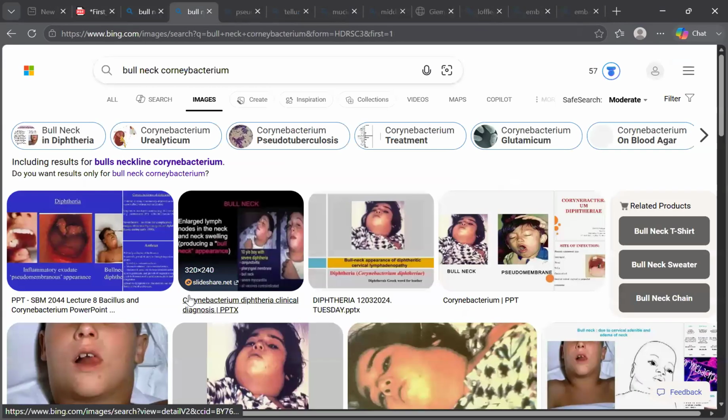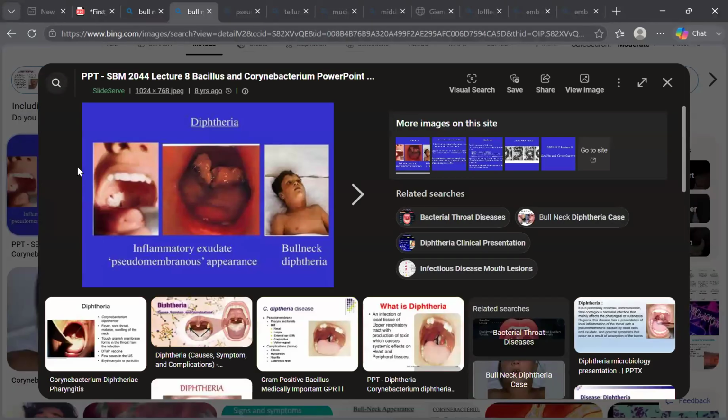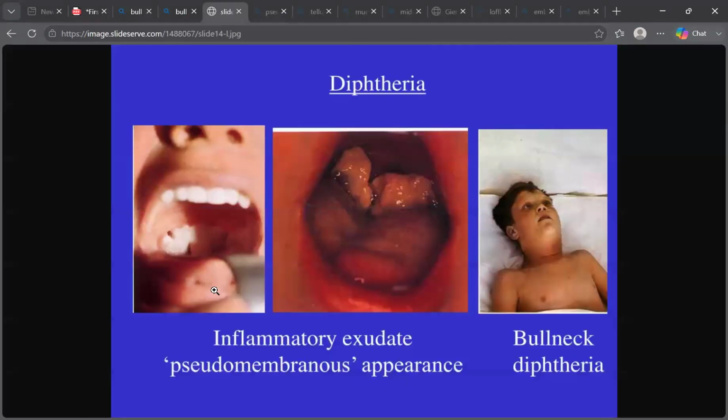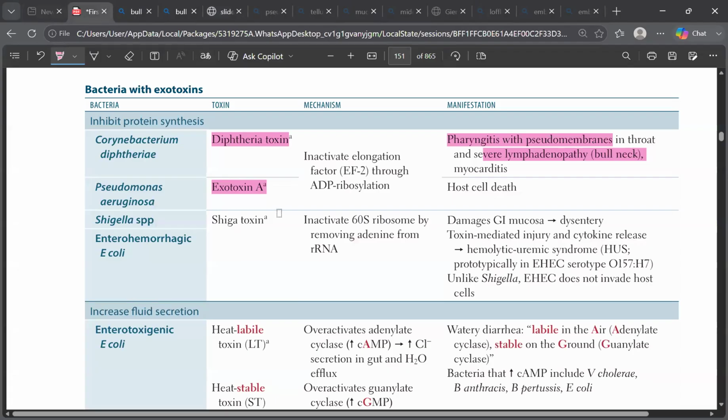Images. So there is inflammatory exudate or pseudomembrane appearance in the pharynx, and there is a bullneck right here because of cervical lymphadenopathy caused by this diphtheria toxin. And we have exotoxin A that causes host cell death.